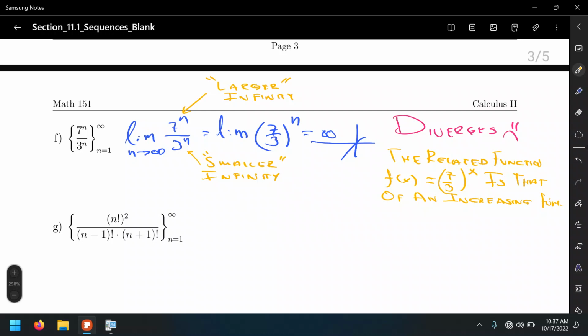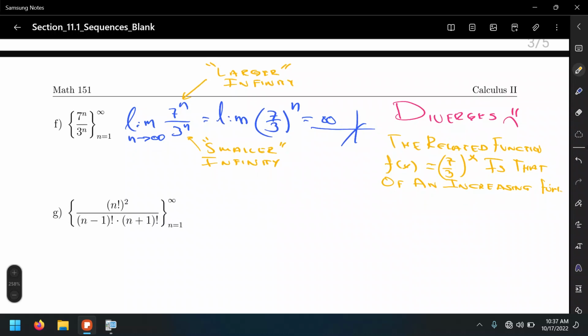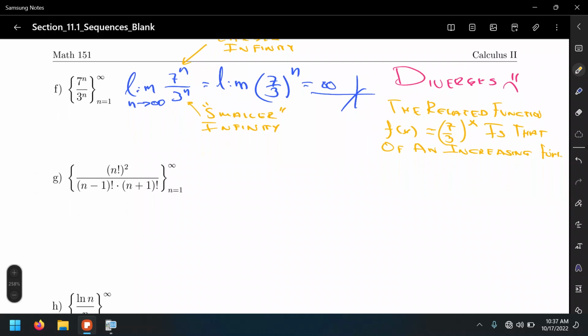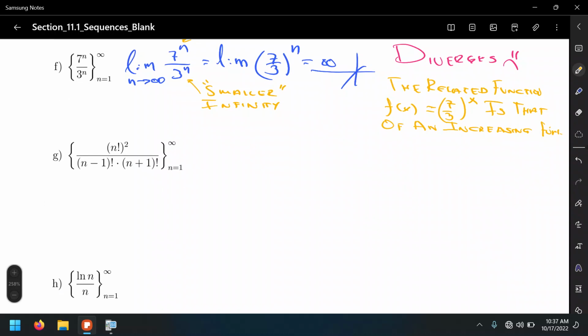All right, let's look at letter G. Letter G, what do we have? N factorial quantity squared divided by n minus 1 factorial times n plus 1 factorial. So what do we need to do in this case? We need to simplify factorials the same way we did in the previous example, on the previous page. Well, number one, we have this n factorial quantity squared.